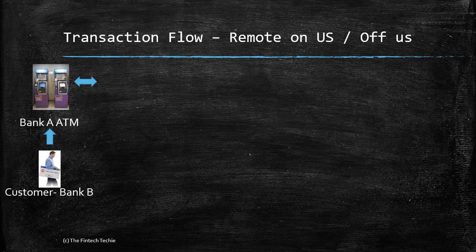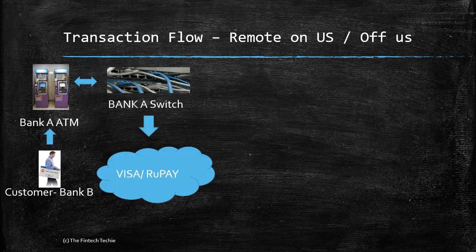Now let's take a more complicated example of a customer of Bank B going into a Bank A ATM, which is probably a very common scenario. The Bank A ATM, on getting the request, would obviously send this request to the Bank A switch.